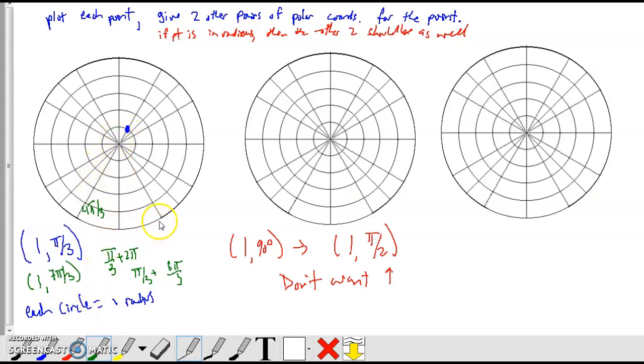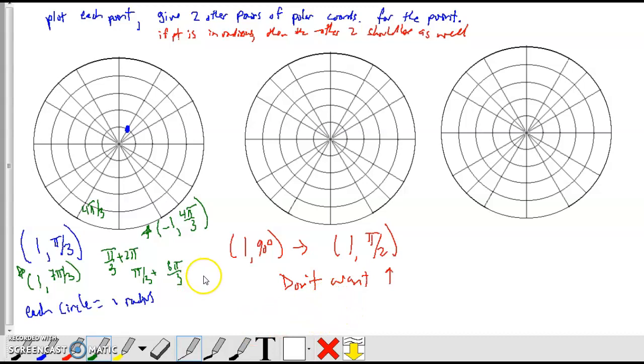So another point I could say is -1 comma 4 pi over 3. Again, I'm using the direction of the angle, but I don't want to go towards the actual line. I want to go away from it. So again, I get to this point right here. So here are my 2 points, 1 and 2.